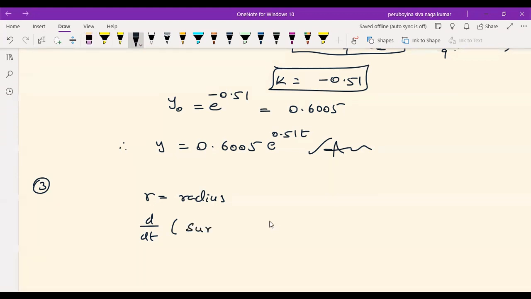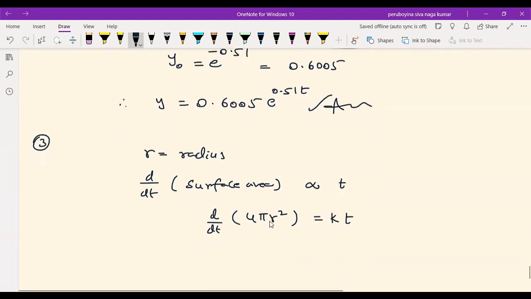The surface area is proportional to the time. So you can write d by dt of 4 pi r square, the surface area of a balloon, equal to k into t.